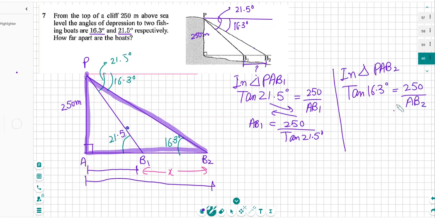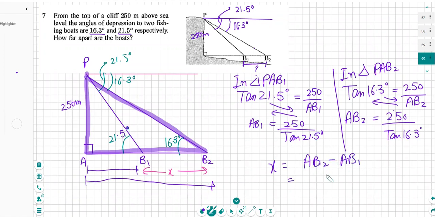Interchanging their positions, AB2 will be equal to 250 over tan 16.3 degrees. Got it? So this is AB1 and AB2. Obviously, it gives you a numerical value. But what we need is B1B2, or x. So x is equal to AB2 minus AB1.